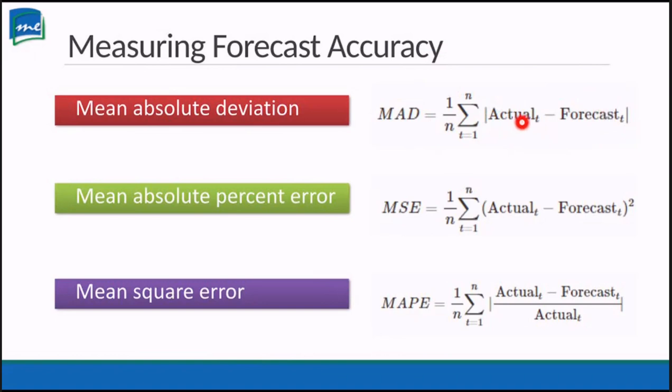The actual minus the forecast is what we call forecast errors. So MAD equals the average of the absolute value of forecast errors for all the periods you make forecasting.